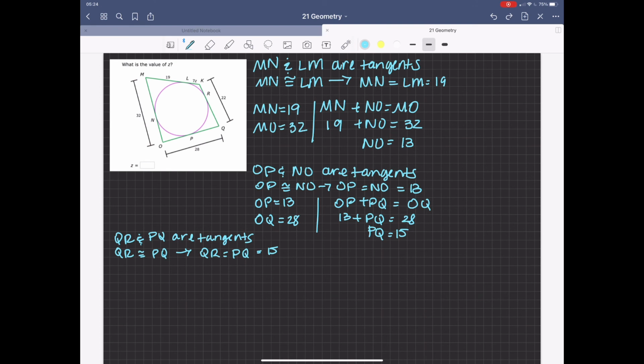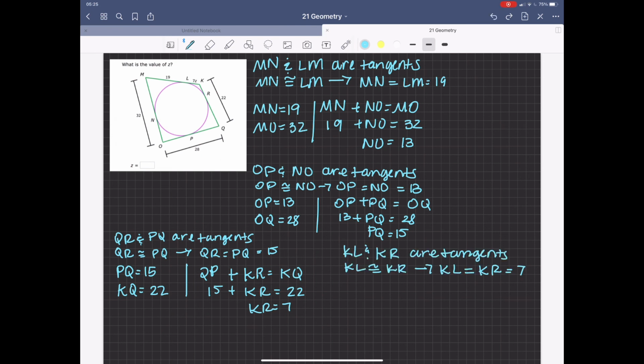So PQ equals 15. And KQ equals 22. So I know that QP plus KR equals KQ. And then when I substitute, I'm going to have 15 plus KR equals 22. Subtract 15 from both sides. KR equals 7.